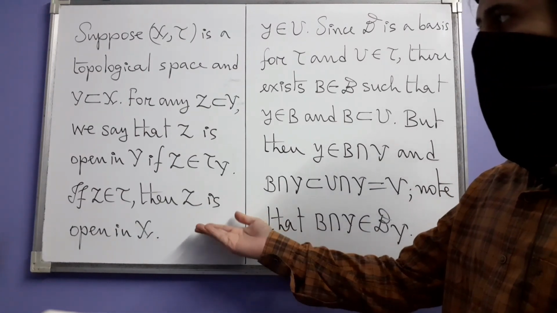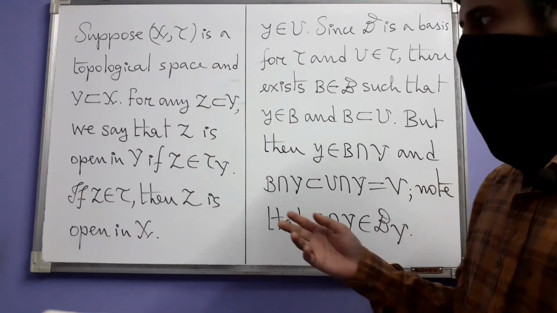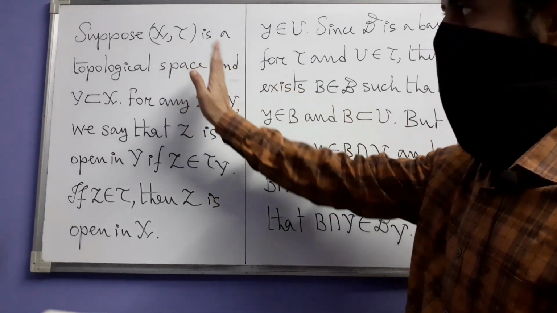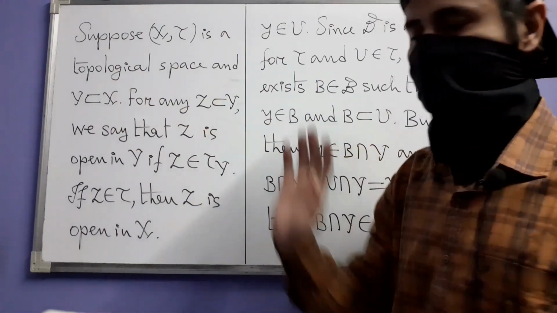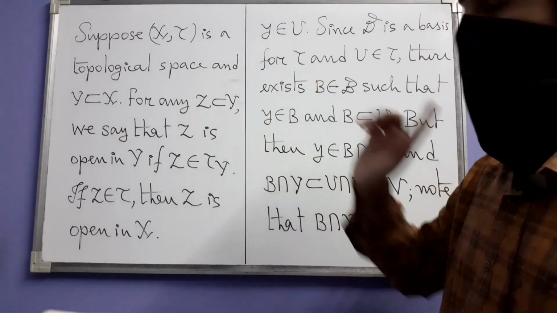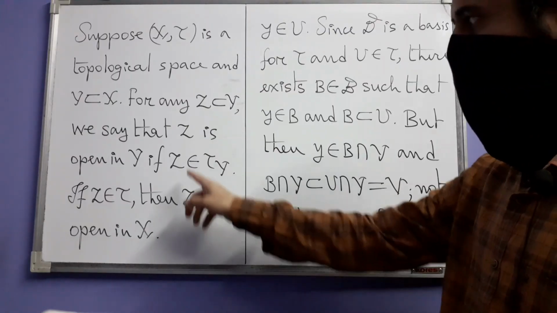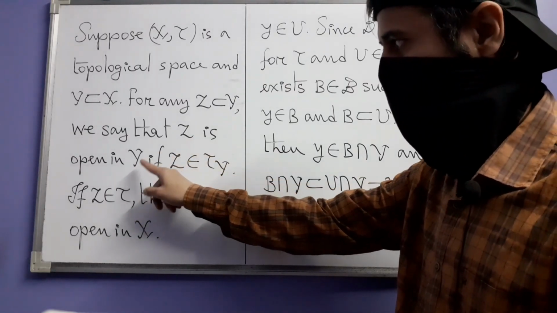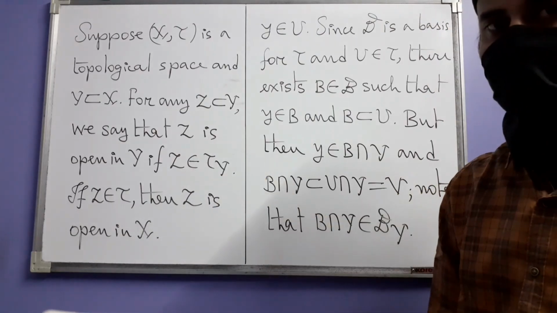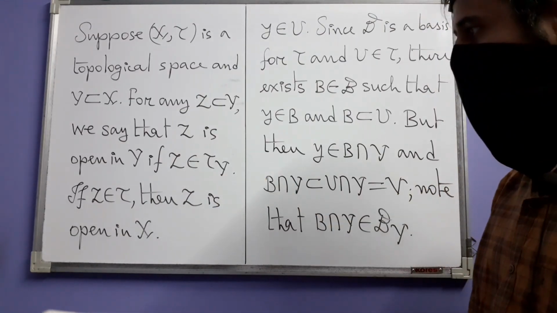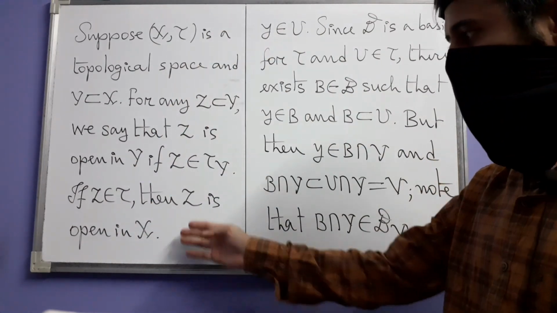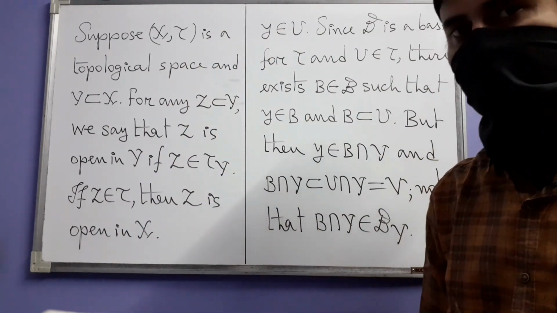Next we have a language which will allow us to state things more simply. Suppose x comma tau is a topological space and y is a subset of x, same setup. Now suppose z is a subset of y. We will say that z is open in y if z is an element in the subspace topology on y, and similarly if z belongs to the original topology, then we would just say that z is open in x.